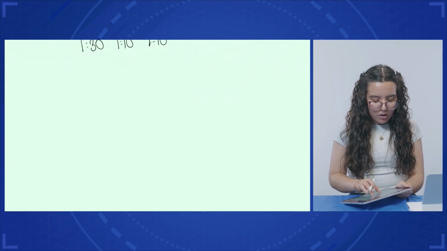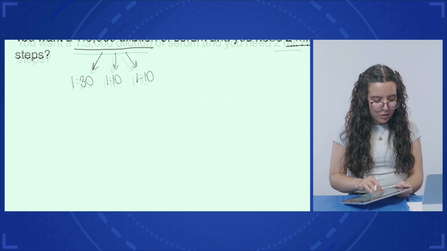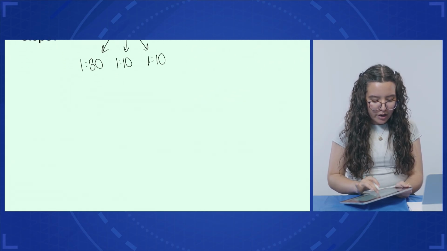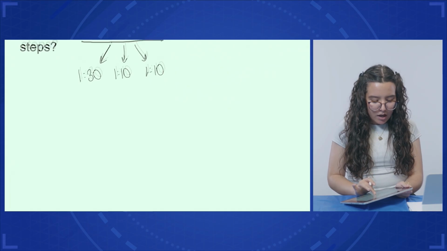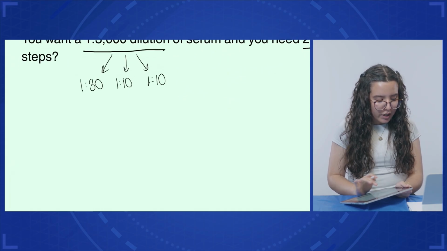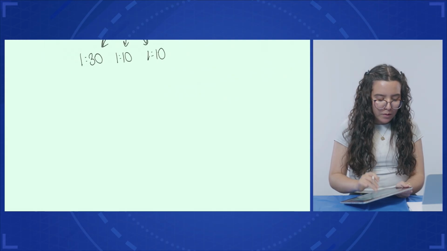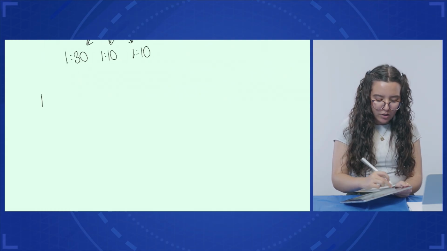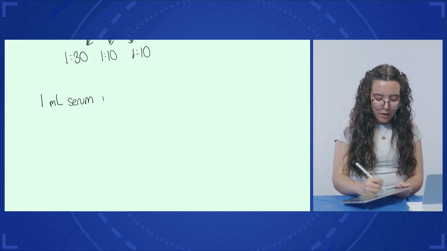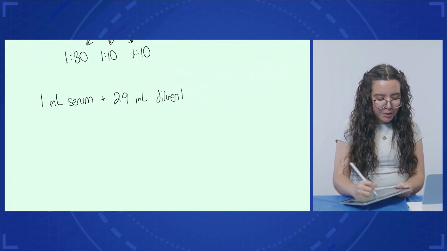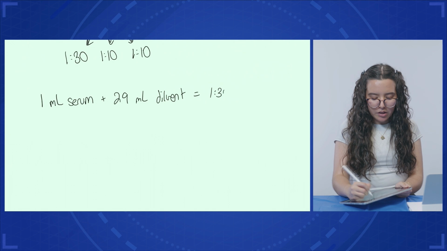Okay, so in order to do this, I can just go ahead and first do the 1 to 30. And I can actually deal with milliliters in here. So I can go ahead and do 1 milliliter of serum and then 29 milliliters of my diluent. That leaves me with that 1 to 30.